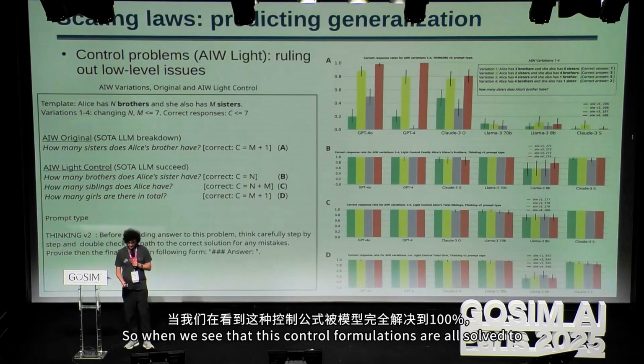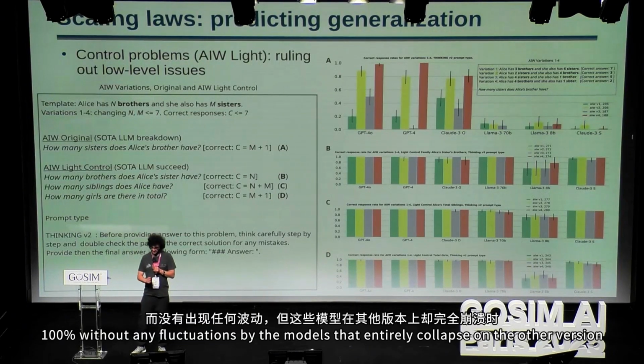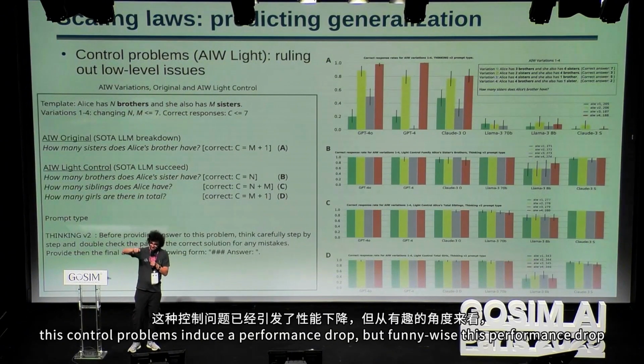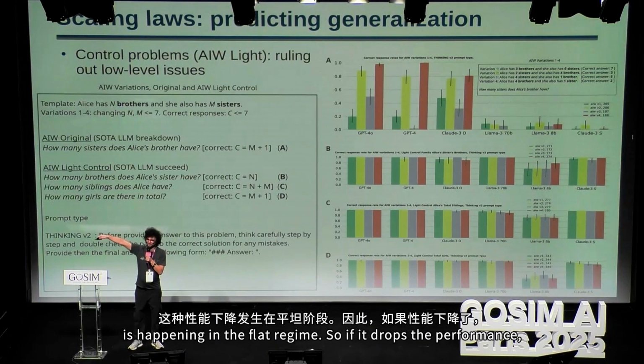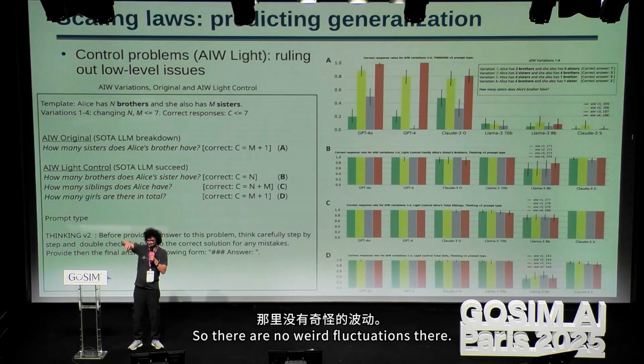And we see that these control formulations are all solved to 100% without any fluctuations by the models that entirely collapse on the other version. You can see actually for Llama 3 8b, these control problems already induce a performance drop, but funnily, this performance drop is happening in the flat regime. So if it drops the performance, it drops it across all variations equally.